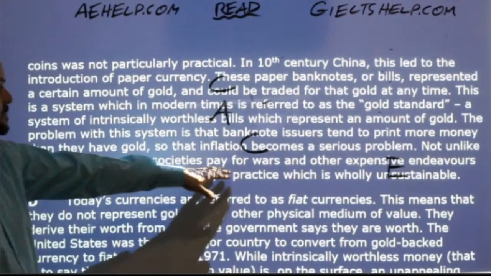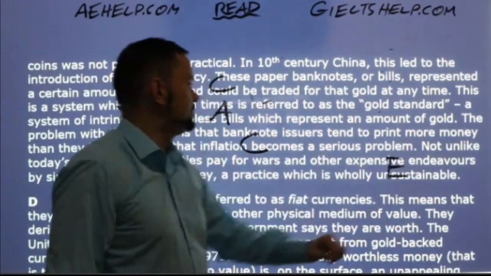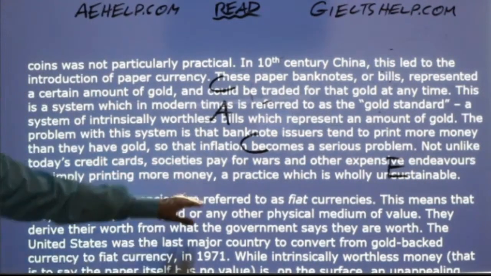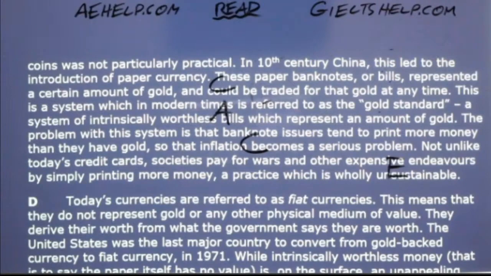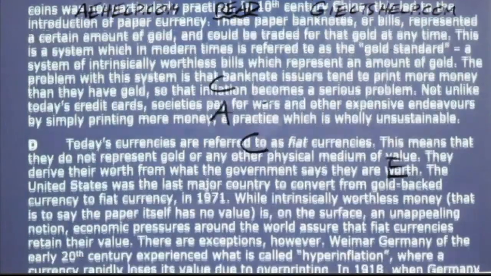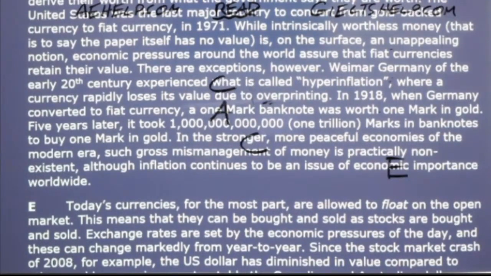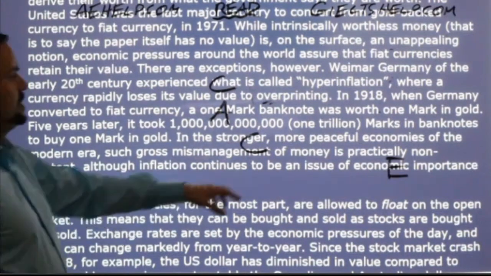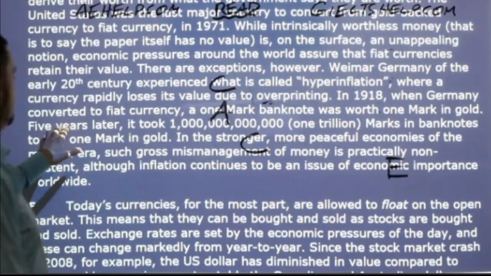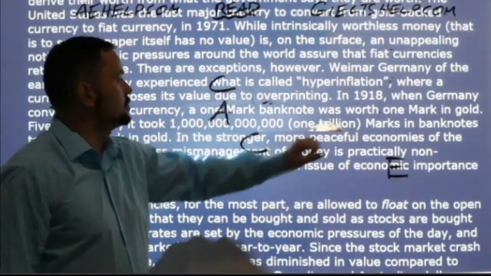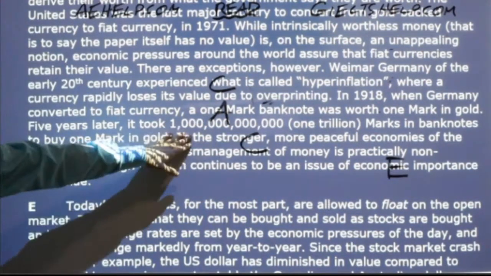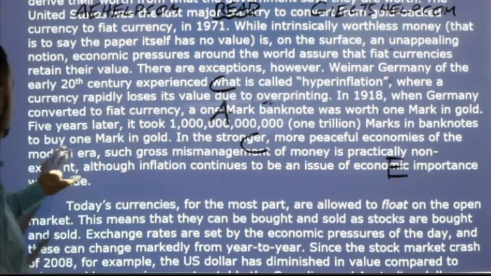So societies pay for wars and other expensive endeavors by simply printing more money. Okay, that looks kind of interesting. Let's keep going. In 1918, when Germany converted to fiat, it was worth this much in gold. 5 years later, it took 1 trillion marks in banknotes to buy 1 mark.